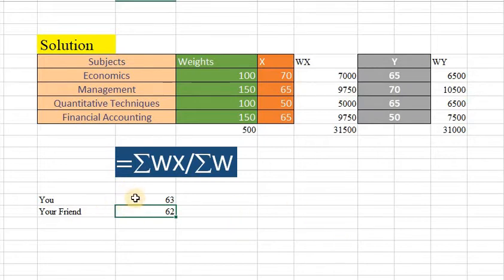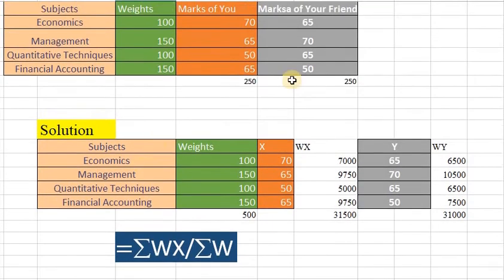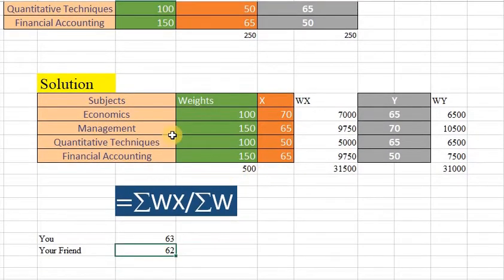That is how we can make the differences. If it is a simple average, you know it will become the same average, 250 divided by 4 subjects. But here it makes a difference because we have assigned weights or importance to subjects. So the weighted average of you is 63 and of your friend is 62.